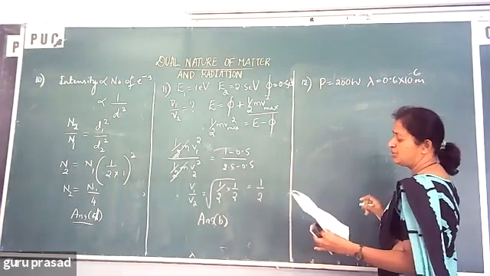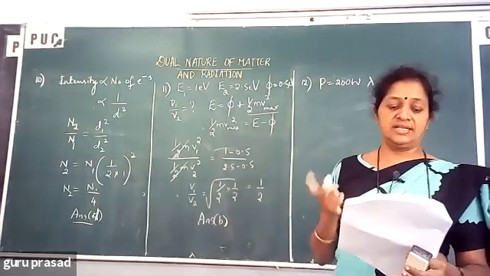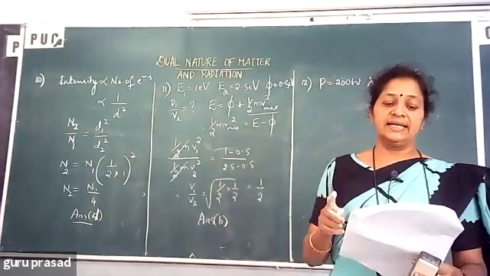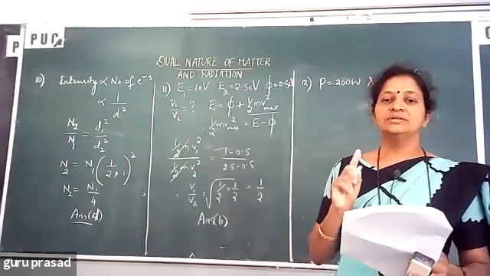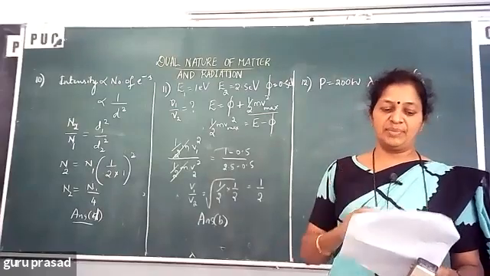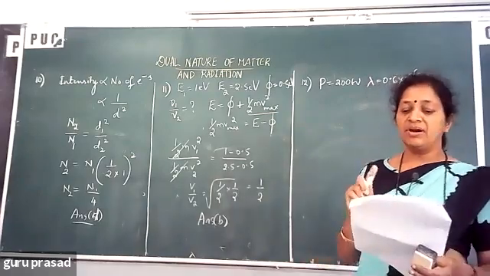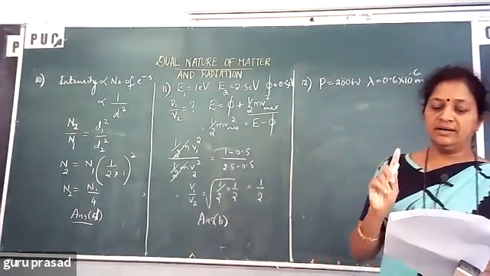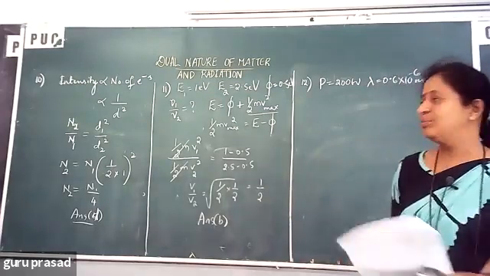Assuming it to be 25% efficient in converting electrical energy to light, the efficiency is 25% of this power. Then the question is: the number of photons of yellow light it emits per second, how much?